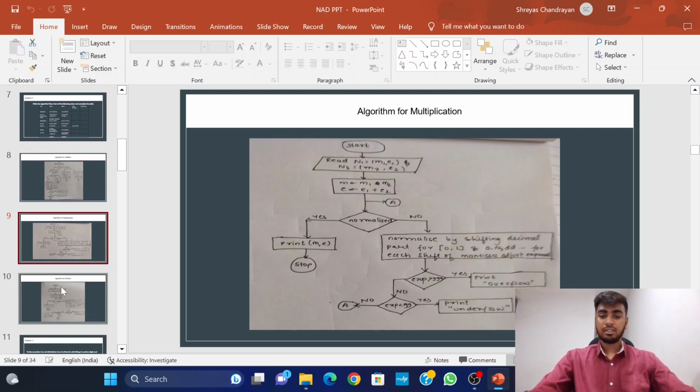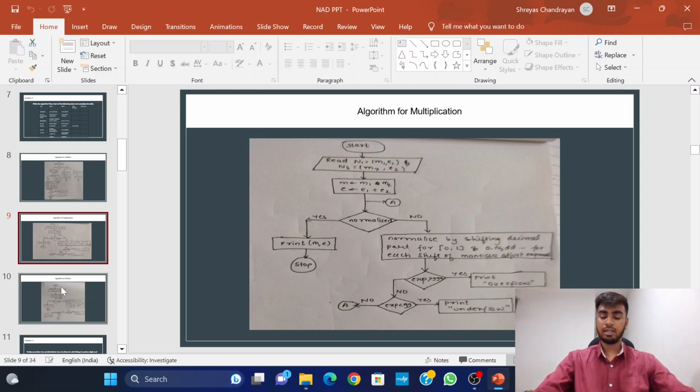Now let us see algorithm for multiplication. We will read n1 as m1 comma e1 and n2 as m2 comma e2. Initialize m as m1 times m2 and e as e1 plus e2. Then we will store the value of m and e at a.